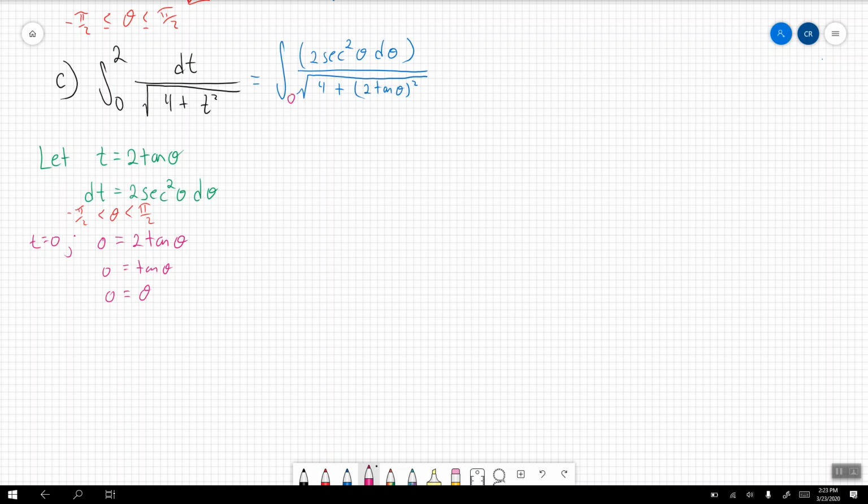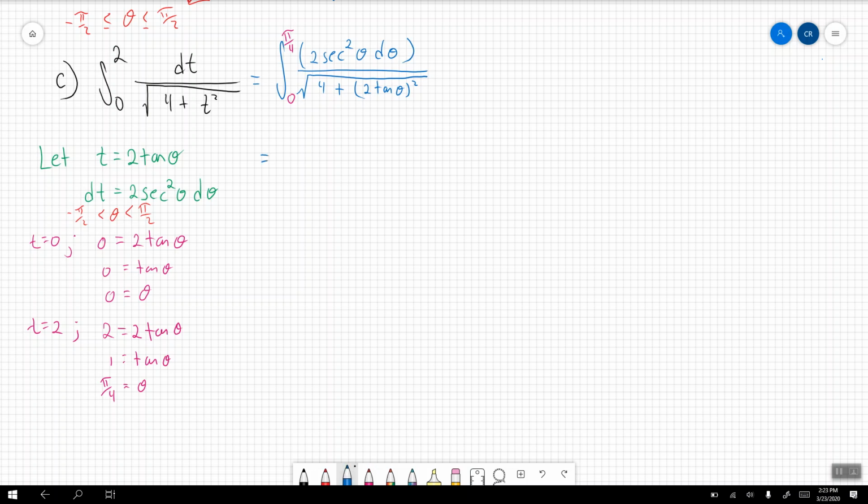Nice. Now what happens when t is equal to 2? Well, when t is equal to 2, then we have 2 is equal to 2 tangent of theta, which means 1 is equal to tangent of theta. And for the ratio for tangent to be equal to 1, theta must be pi over 4, which means our upper limit of integration is just pi over 4.